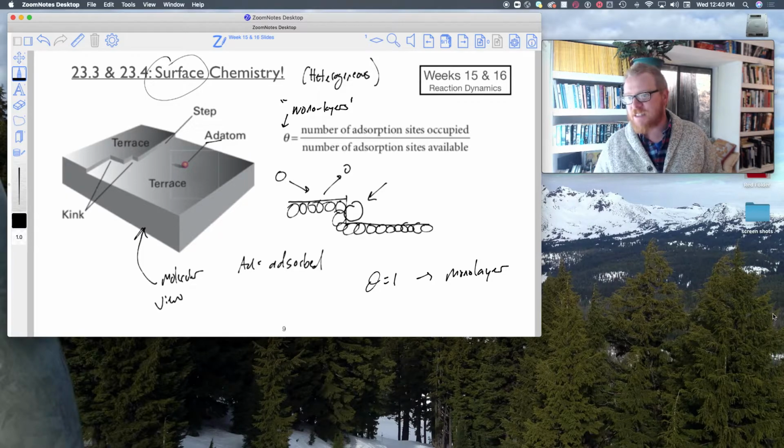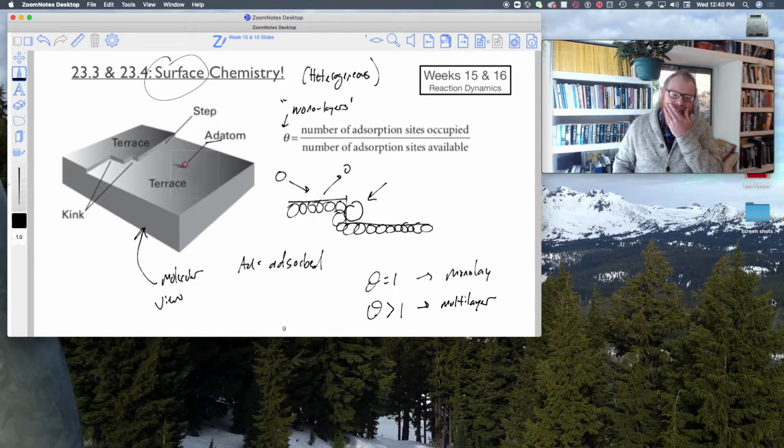If theta is less than 1, we have patches of adatoms. And if theta is greater than 1, we have what we often call a multilayer.